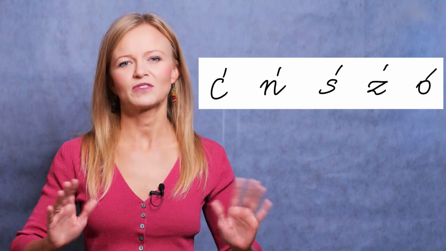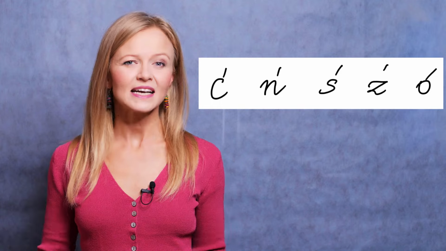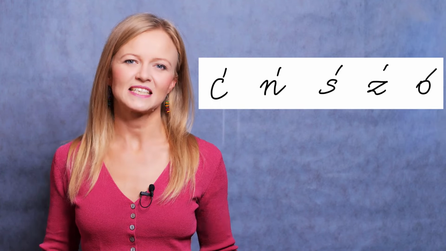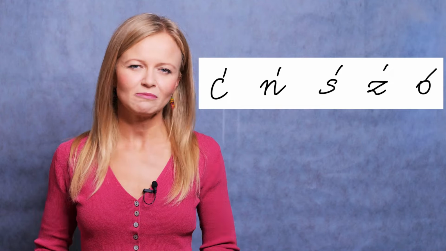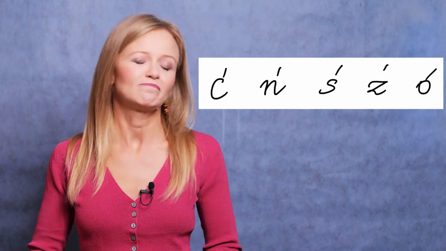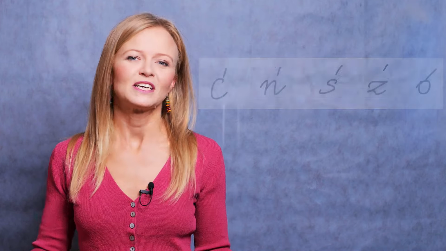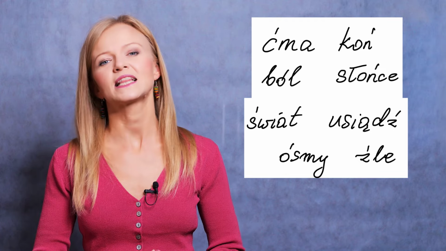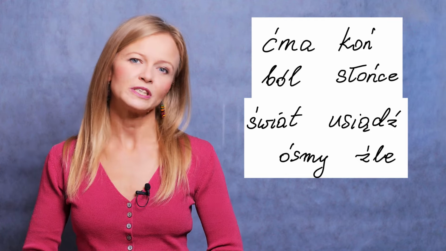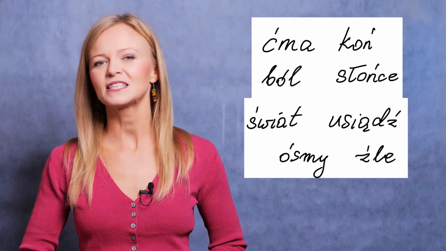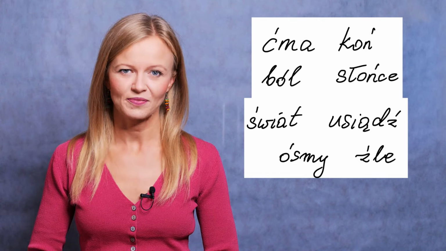The acute accent has to be above the letter and that's it. It can touch the letter, it does not matter, it has to be there and that's it. Here are some examples with these letters in different words, in different positions. So this is how we write them.